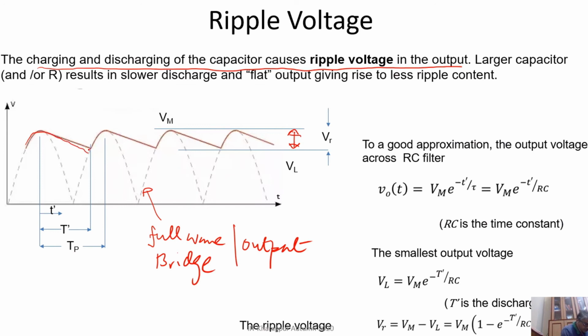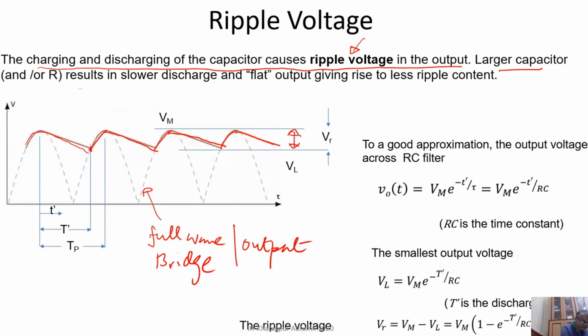It is charging the capacitor and then discharging through that load resistance. So this charging and discharging of the capacitor causes the ripple voltage, because then the output is varying.